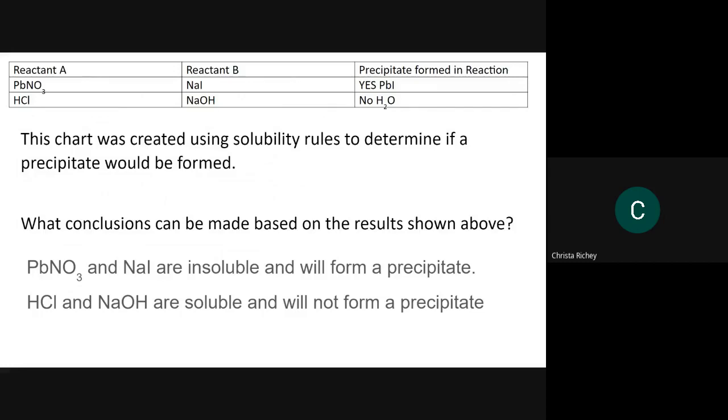I can't really tell you more without actually telling you the specific question that's on the test. You do not need to use that chart. You do not need to be able to predict if it's a precipitate or not. But you need to be able to look, like the precipitate on the top one is the lead iodide.